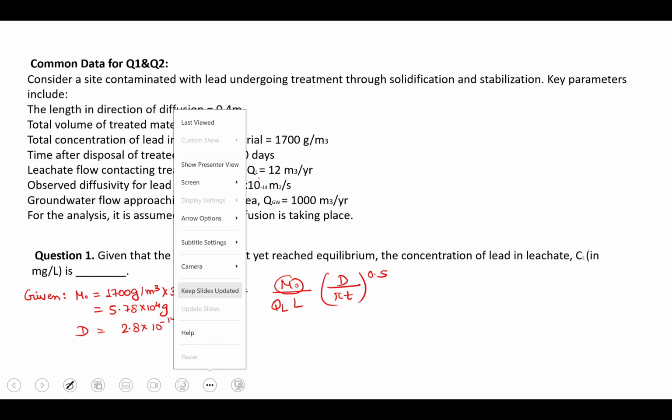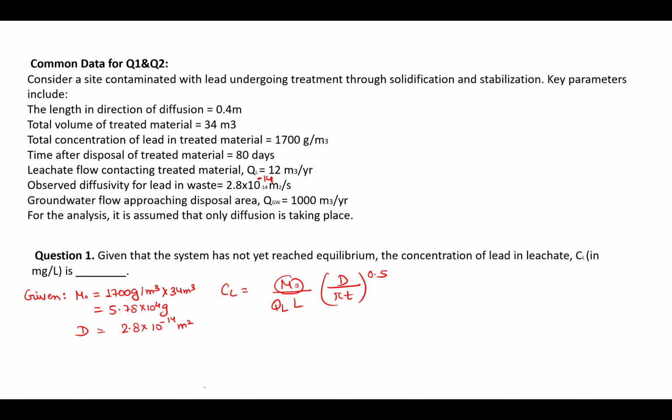QL, the flow rate for the leachate, is 12 meter cube per year. We will convert everything into SI units, so meter cube per second: 12 divided by 365 days, 24 hours, 60 minutes, 60 seconds.